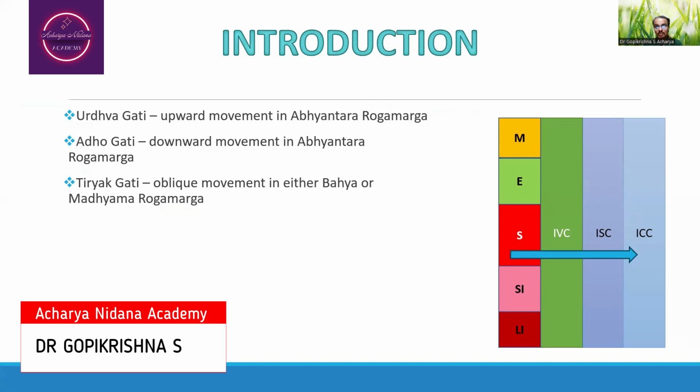Because most of the pathogens are going to enter through the oral cavity. Some lesser amount may be entering through the nasal passages, and some others may enter either through the rectum, that is the anus, urethra and vagina.